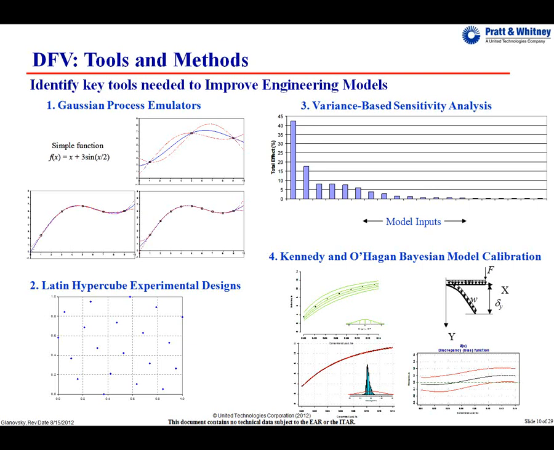Then it's just a matter of getting them to take that long-running model through a series of training data sets so that they can hand us the training data input and output to create the emulator with. That's how we get down to the second tool, the Latin Hypercube experimental designs. That's our preferred method for how to collect the training data to make those emulators. We've already been teaching our engineers about basic factorial designs and response surface designs.